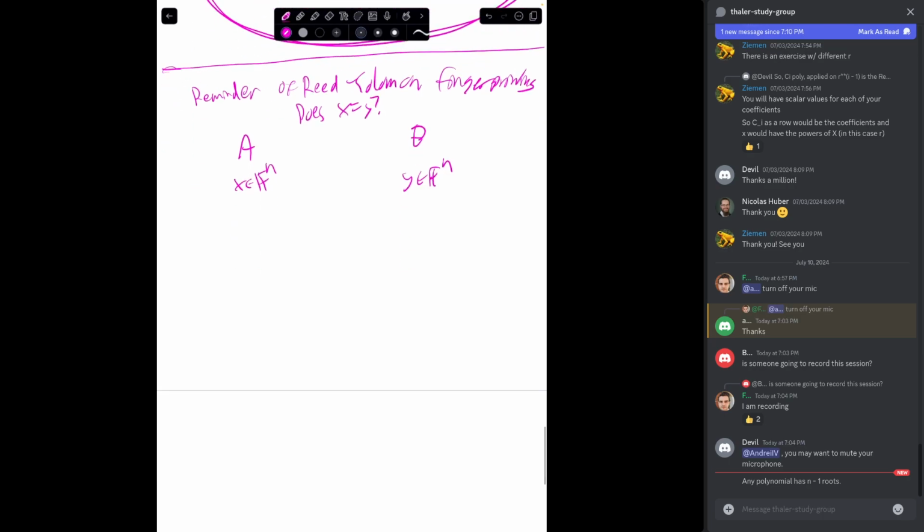Okay, and the way the Reed-Solomon fingerprinting protocol worked was X was interpreted as a univariate polynomial.